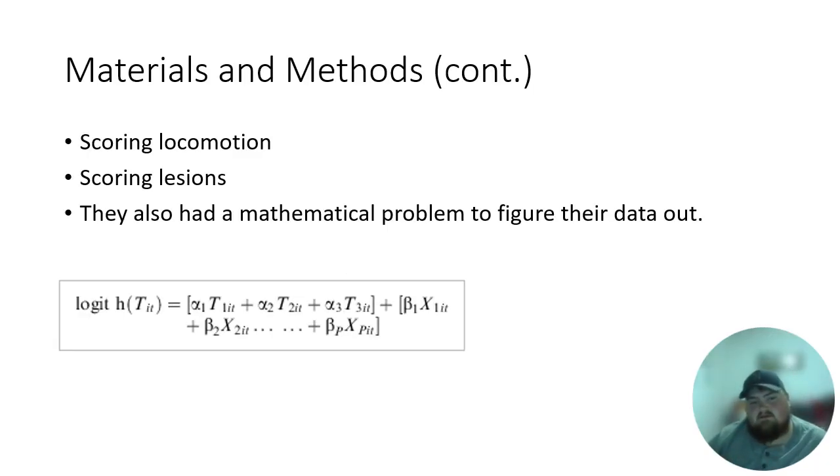So this slide, it talks more about the methods that they used. They had people come out that are trained in recognizing foot rot, and they score it. And they also score the locomotion, which is their movement. So these people would come out and they'd write their scores down on how they moved and how the lesions looked, if they looked better, if they looked worse, if they didn't look any different, and the same with the motion.